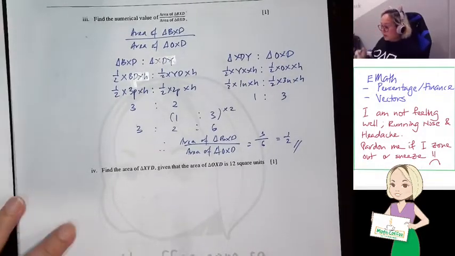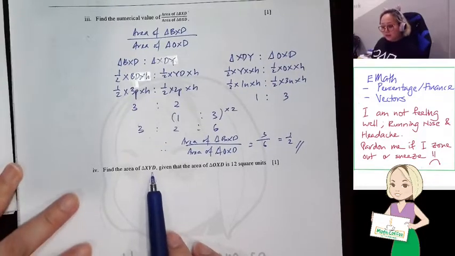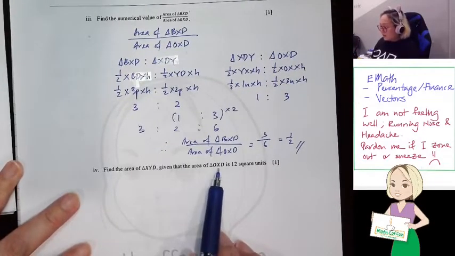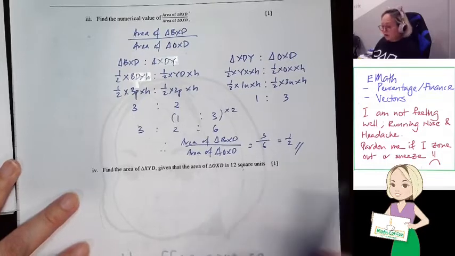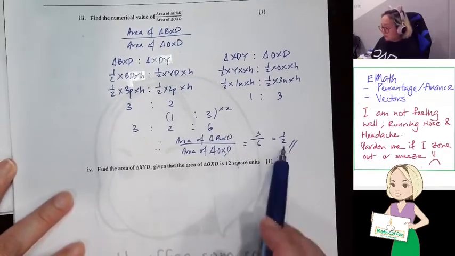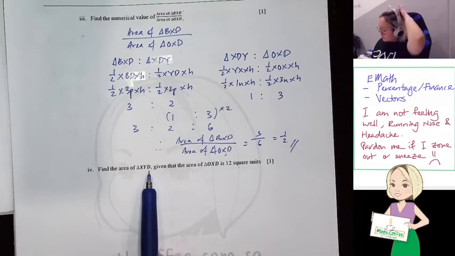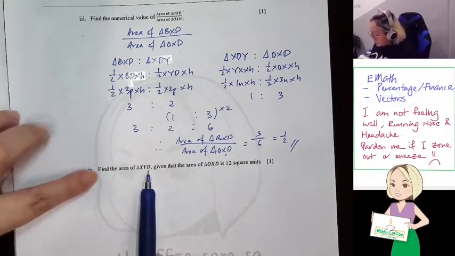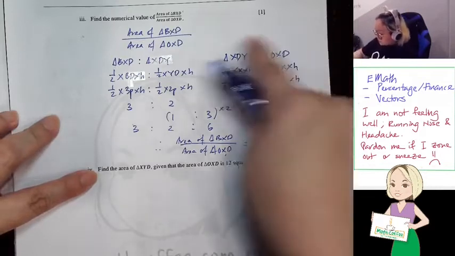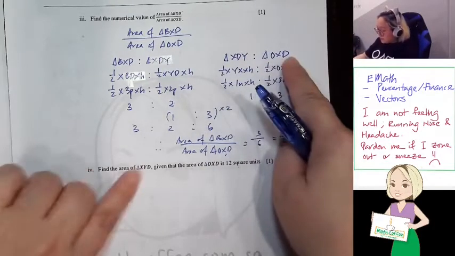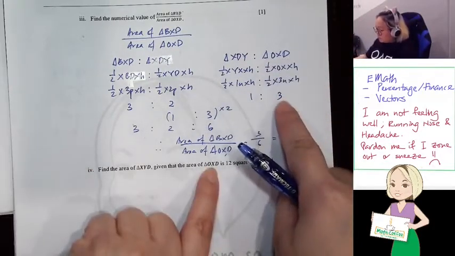Okay, this last part, now they tell us that OXD is 12 square units. OXD is here. So they want to find what is XYD. So actually I already have it here. Do you see here? OXD 12, which is 3 unit.